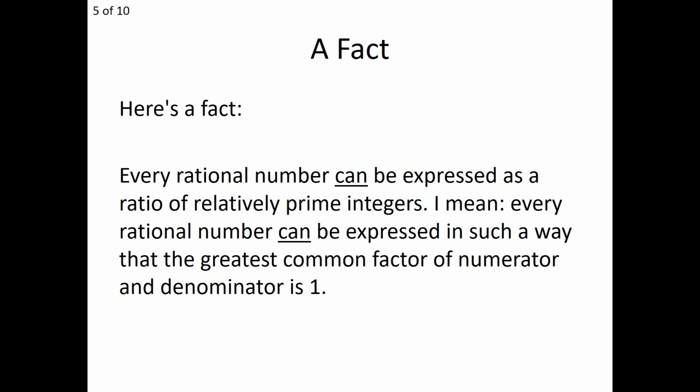That means the greatest common divisor between the numerator and denominator is 1. I know you can create fractions and ratios that are not relatively prime, but every ratio can be expressed as if the two are already relatively prime. So keep that in mind before we jump into this proof.